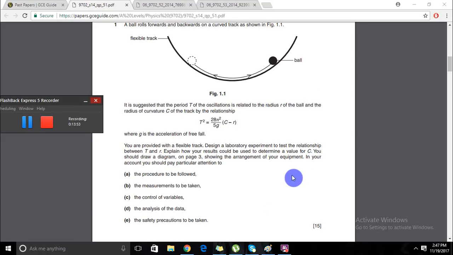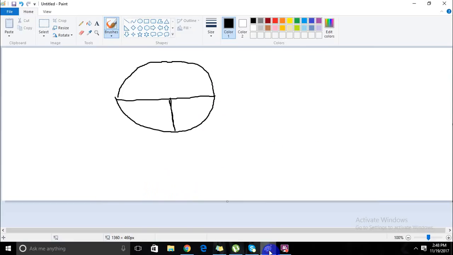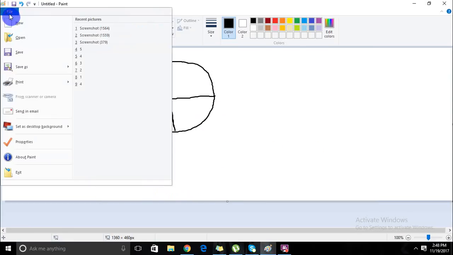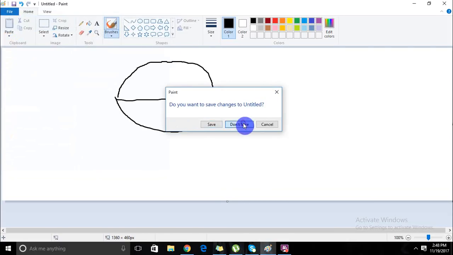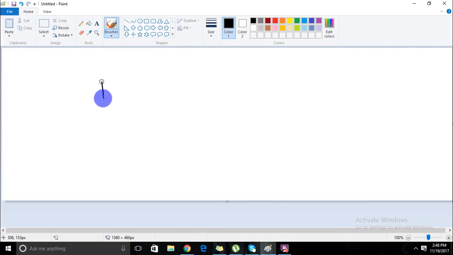So as we know, the equation for a straight line graph is basically y is equal to mx plus c, and we want all of this to be in a similar format. So the equation given is t square is equal to, as we mentioned, k into bracket c minus r, and if we were to remove the bracket, we would get kc minus kr.